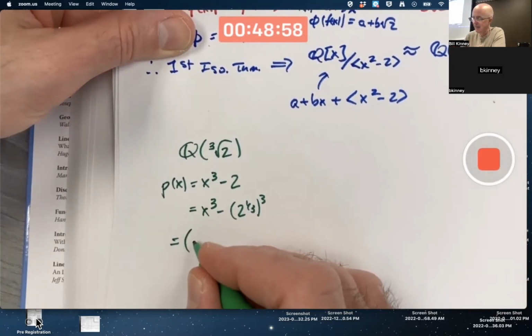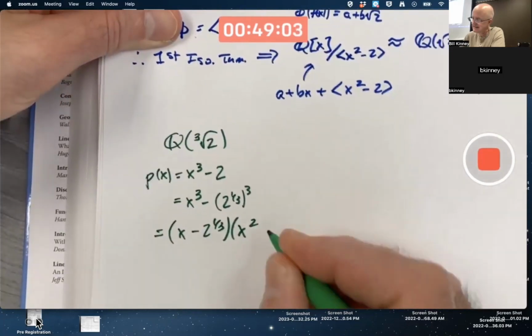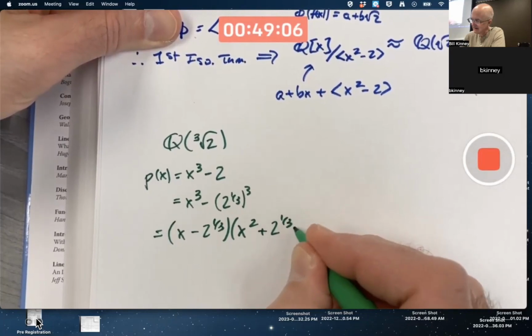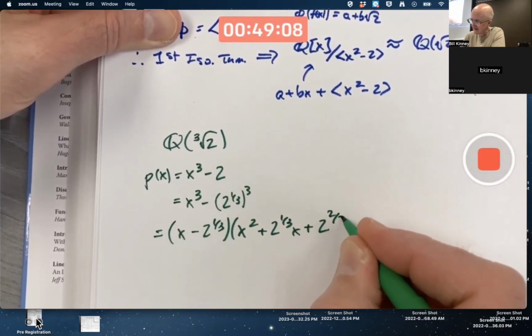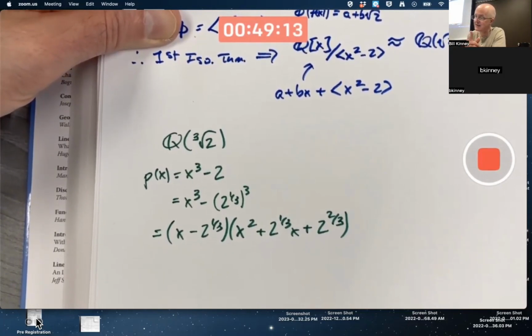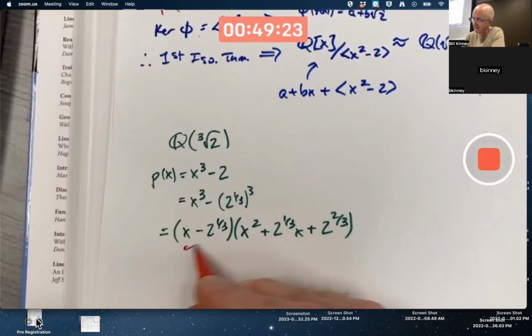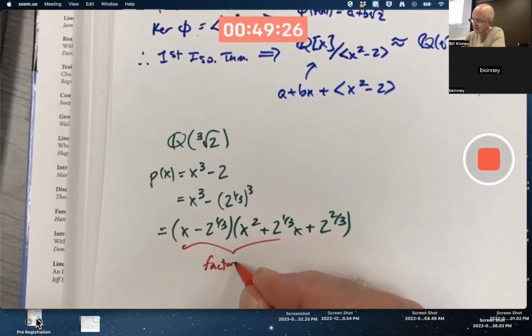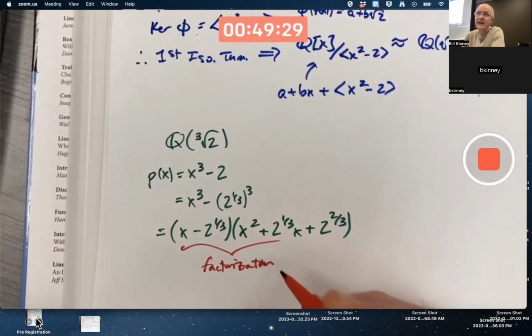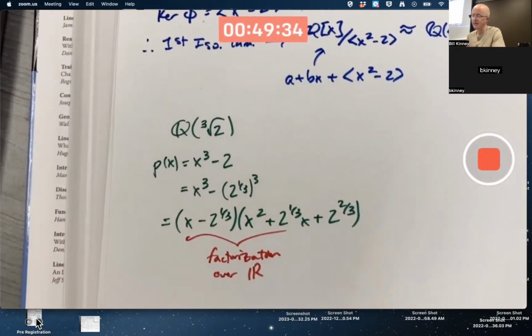Can I get it right? I think it would be this. That's how you can factor it over the reals, not the rationals, right? Because cube root of 2 is not a rational number, though we've never proved that. That would be a factorization. Not a complete factorization, but a partial factorization over the reals.